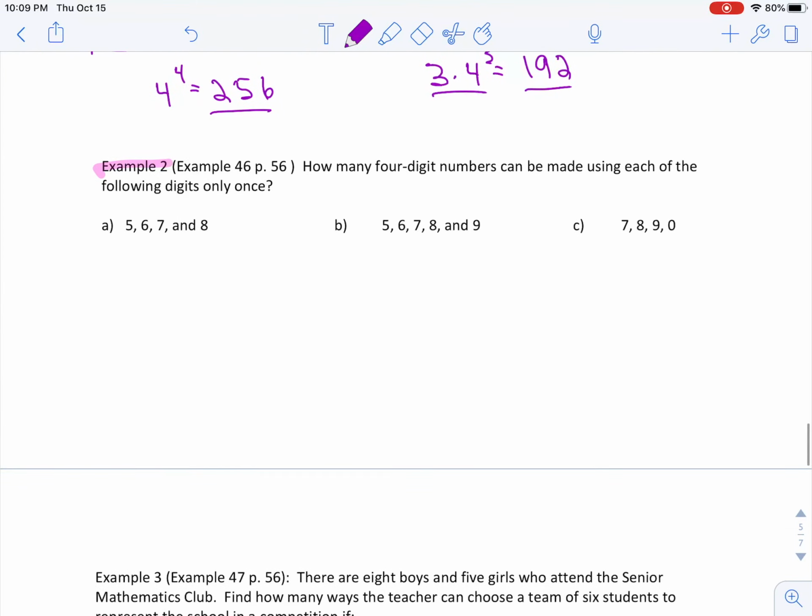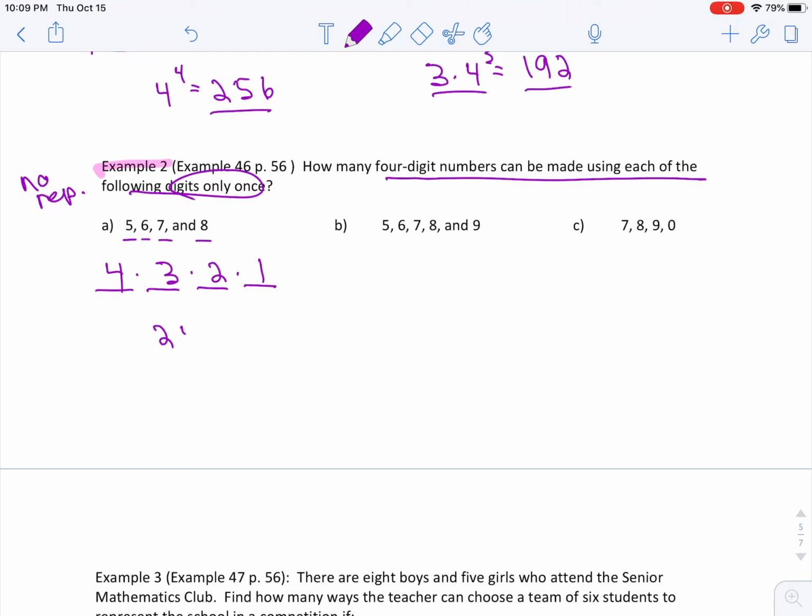The next one says, how many 4-digit numbers can be made using each digit only once. So this one is not allowing repetition. We want a 4-digit number, and we have 4 choices. With no repetition, we can do 4 choices for the first, 3 choices for the second, 2 choices here, and only 1 choice at the end.